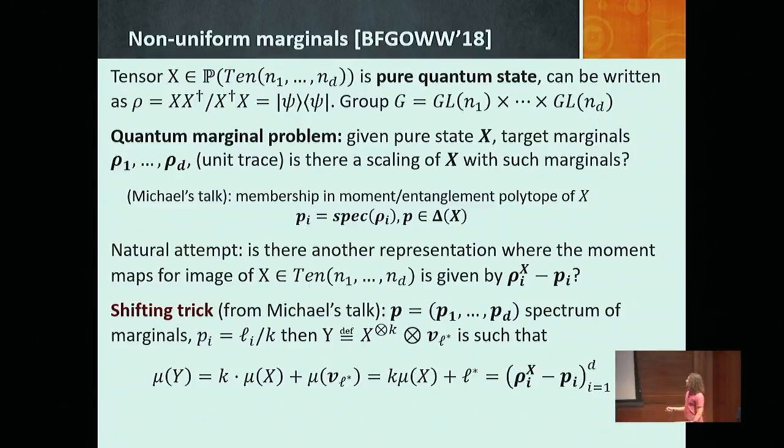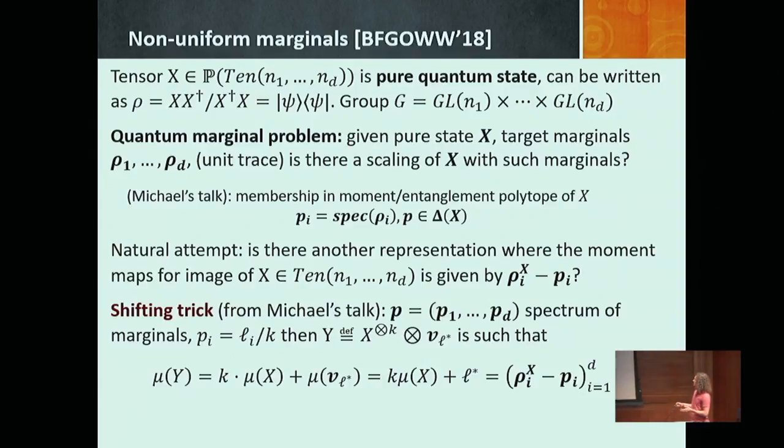Essentially what Michael taught me is that if you have the spectrum of the target marginals, and I look at the spectrum as some integer L_i over k, then I look at this tensor y, which I define by just blowing up x to the power of k.